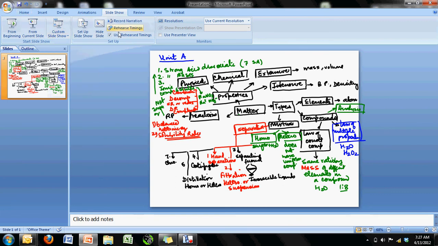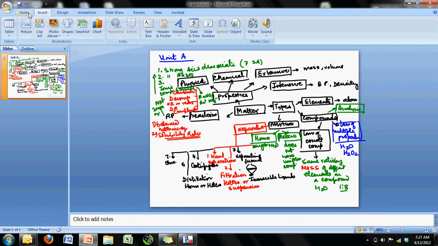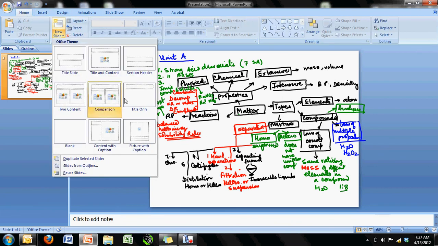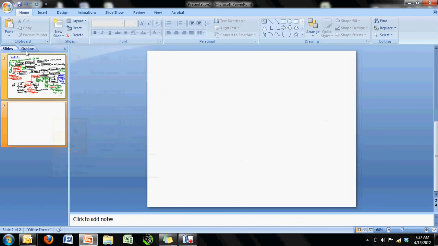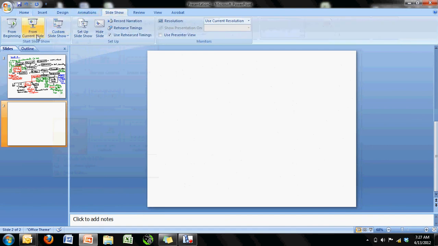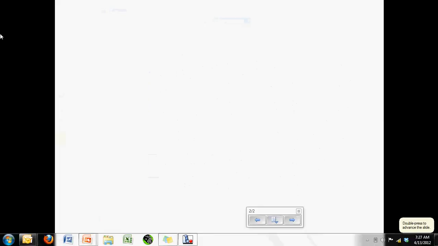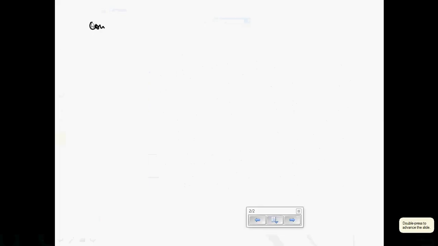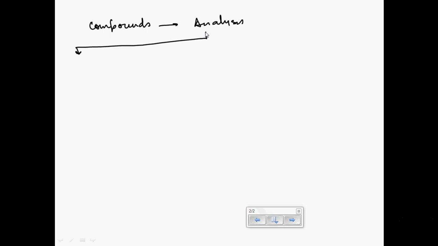So let me just insert, no, let me go to home, new slide, blank, right there, we're good to go. Slideshow from current slide. Okay, so I'm going to continue for compounds, and then I'm going to talk about analysis of compounds. So I'm going to talk about 3 things: empirical formula and molecular formula.